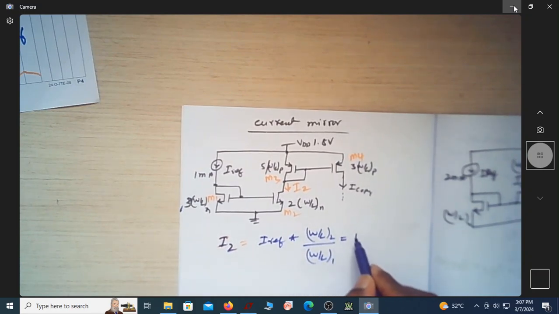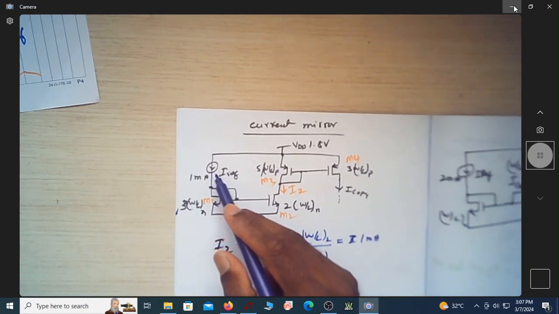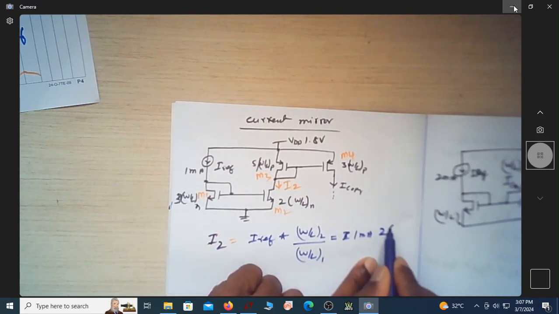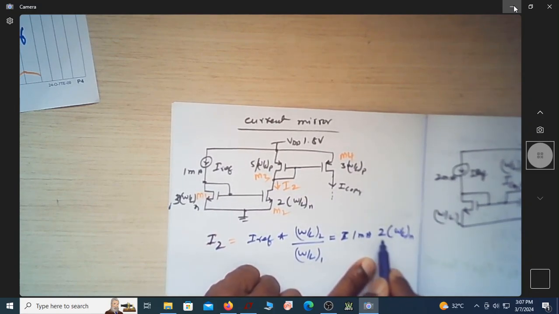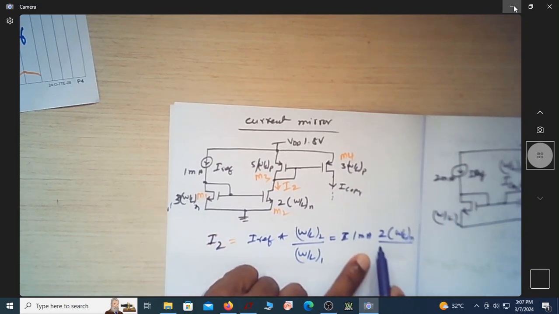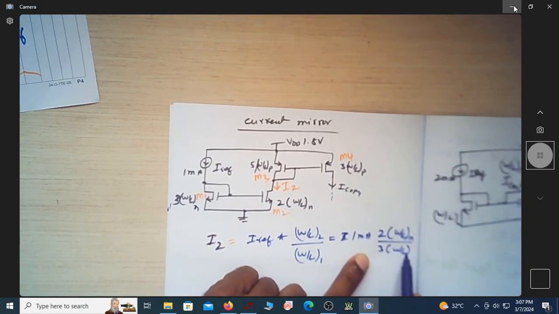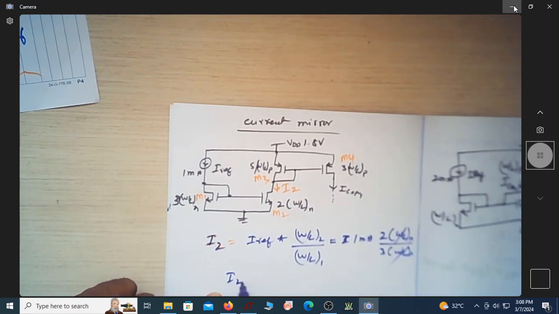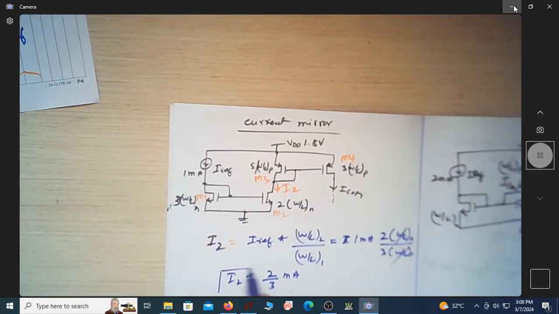I reference is 1 milliampere, and W by L of this is 2 times W by L of N. How about this? This is actually 3 times W by L of N. So this W by L will go off, and now I2 is equal to 2 by 3 milliamperes. This is the current flowing in this arm.